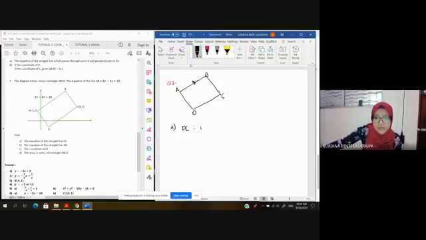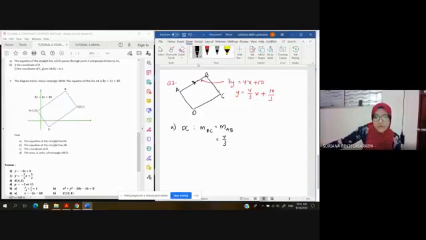So the gradient of DC equals the gradient of AB. What was its equation? 3y equals 4x plus 10. So y equals 4/3 x plus 10/3. Okay, so this is equal to 4/3.